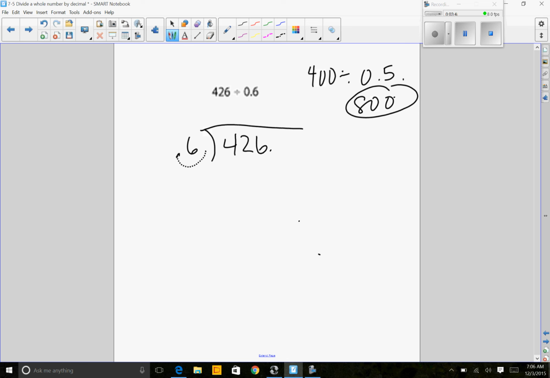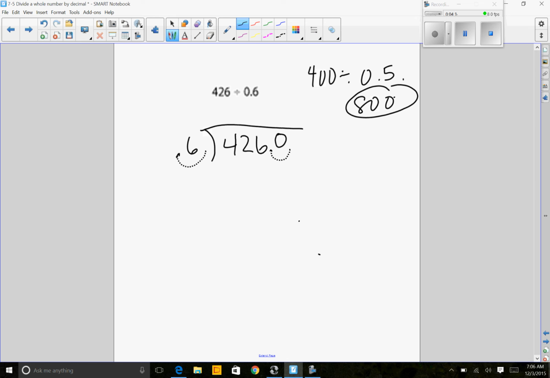So I'm going to have to move this decimal one place. Since I moved one place there, I'm going to move one place there. So I'm multiplying this by 10, so I'm going to multiply that by 10. Because if I multiply the divisor by 10 and I multiply the dividend by 10, the quotient is going to be the same. But that way we turn this divisor into a whole number, and we know how to divide by whole numbers.